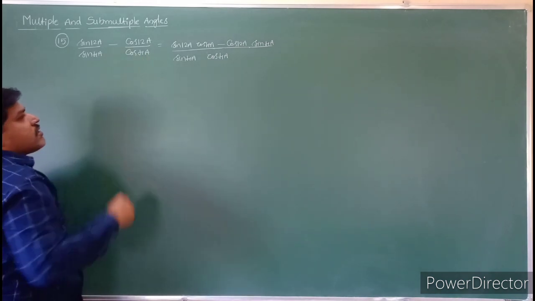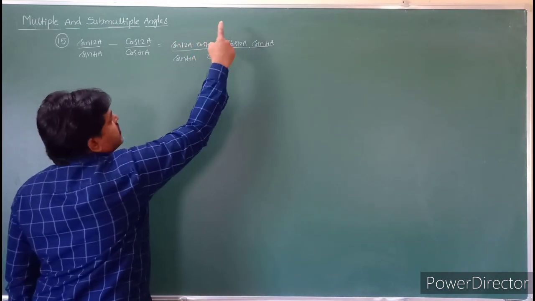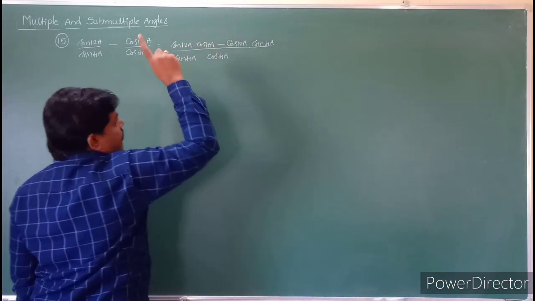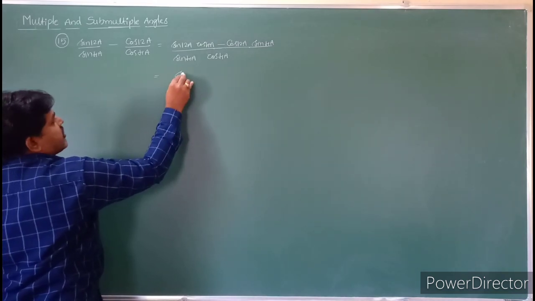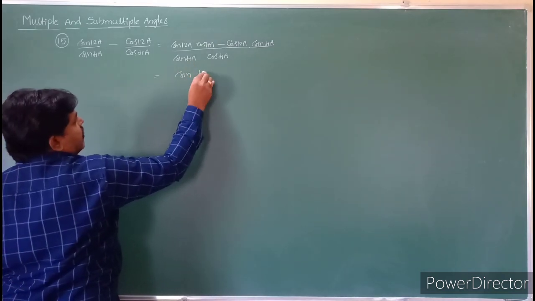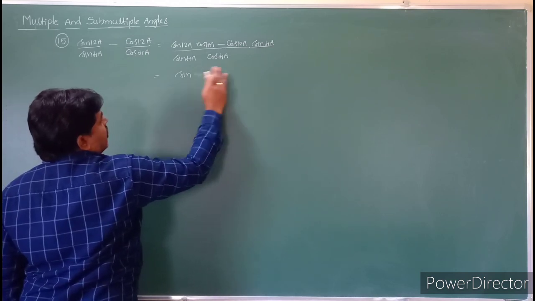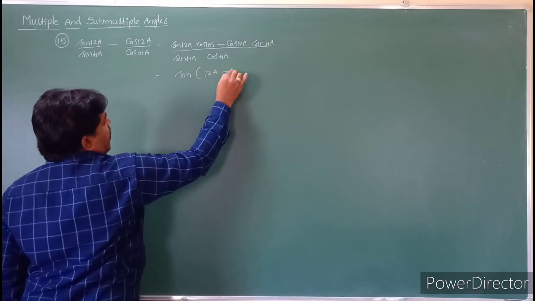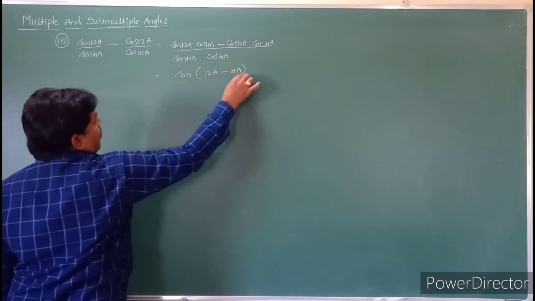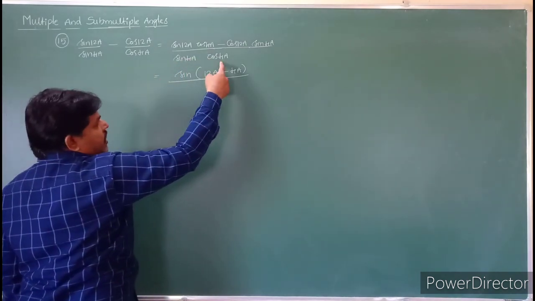In the numerator, what is the formula you have? Sin a cos b minus cos a sin b is nothing but sin of a minus b. So that is nothing but sin of 12a minus 4a, by, in the denominator, sin theta cos theta is there.